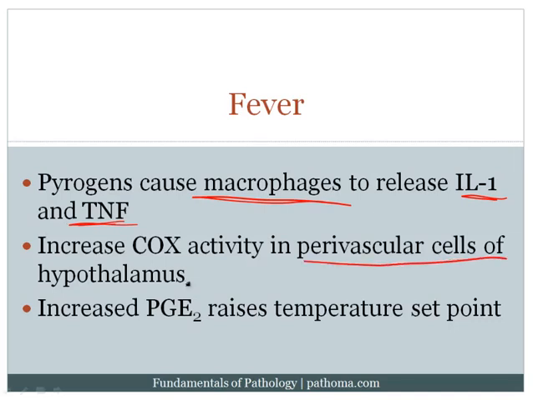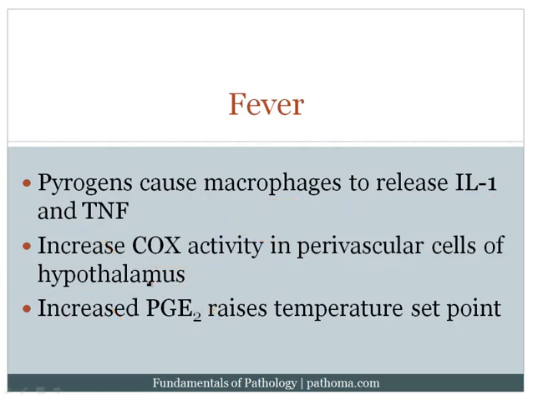perivascular cells of the hypothalamus so that the temperature regulation of the body is mediated in the hypothalamus, and in those cells they increase COX activity. The COX, or cyclooxygenase activity, increases prostaglandin E2, which then, remember, leads to fever, as I've said many times before. Prostaglandin E2 raises the temperature set point in the hypothalamus.